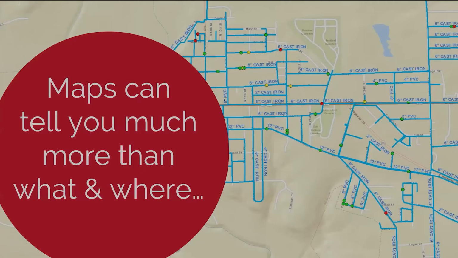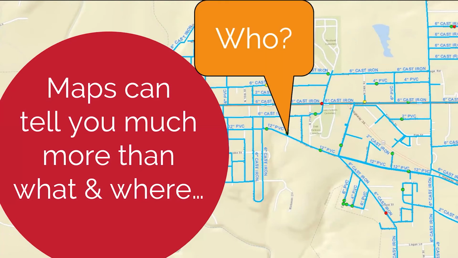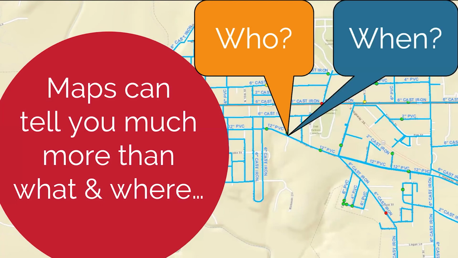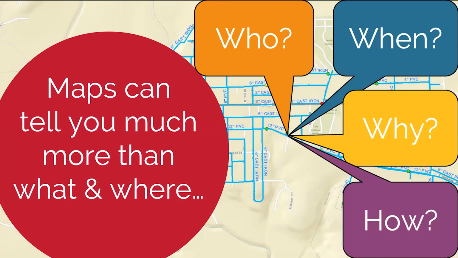I really love doing this kind of stuff because maps can tell you so much more than just what something is and where it is. If you've got good records, good information that you've collected for the inventory itself, you can pull that into your maps, and you can figure out who did something, maybe which contractor made repairs, or when something happened, why it was done, how something happened.